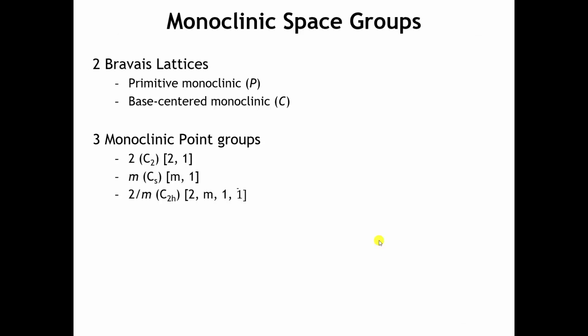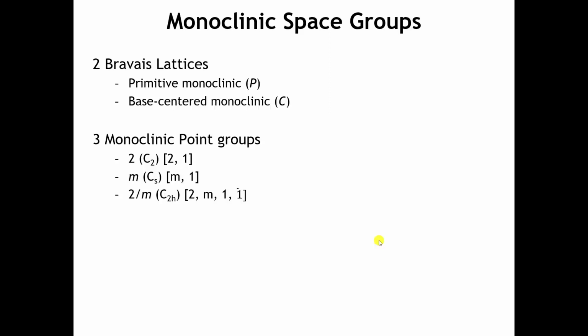And if we were to go back 2 slides earlier, you would see that there are 3 different point groups that belong in the monoclinic crystal system. We can have point group 2, where we have a 2-fold rotation axis and the identity. We could have point group m, where we have a mirror plane and the identity. Or we can combine those and have point group 2/m, where we have a 2-fold axis, a perpendicular mirror plane, an inversion center, and the identity.